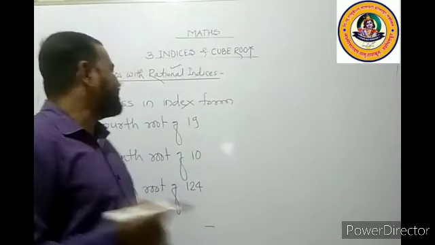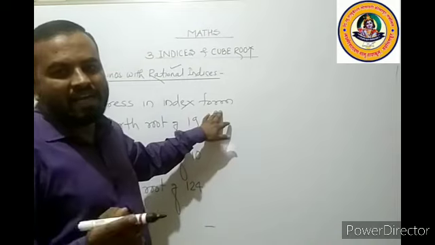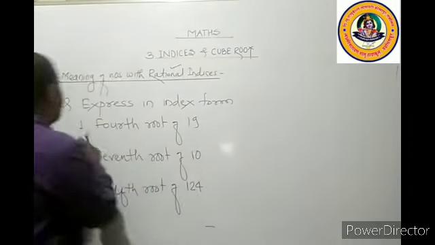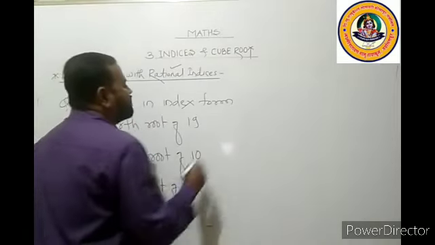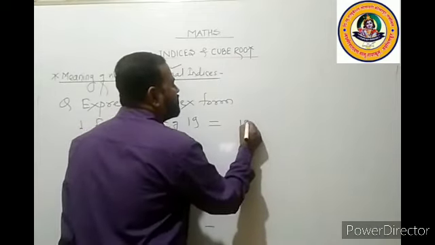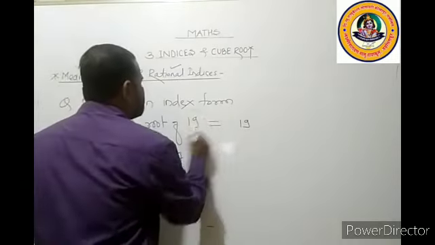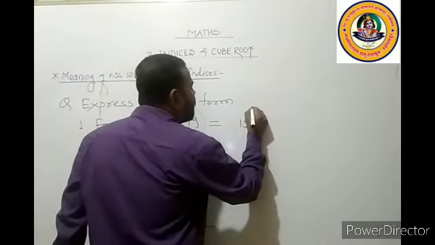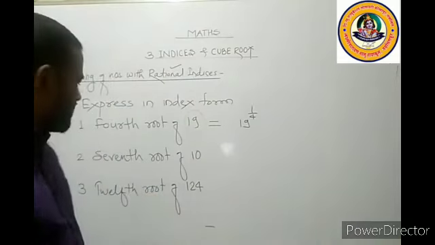If the question is to express in the index form, how can we write the given statement? First, fourth root of 19. 19 is a base, and for the fourth root, we write 1 by 4 as the index of that number.